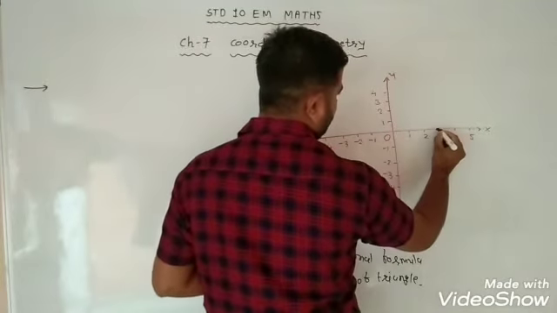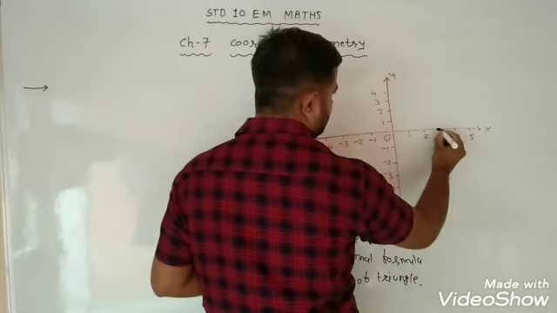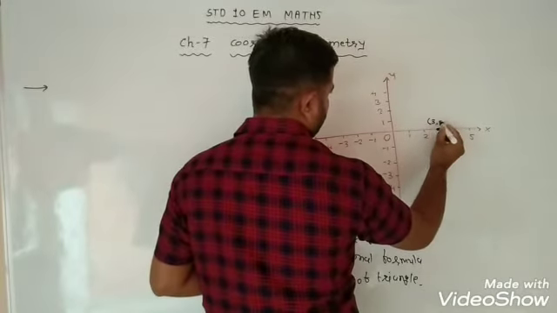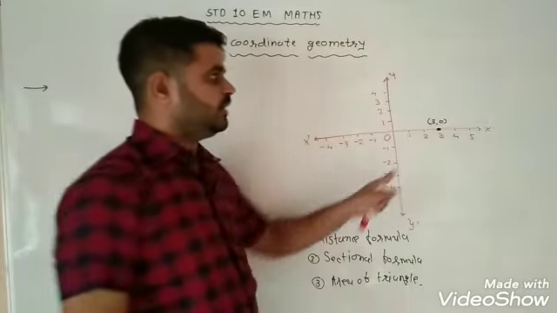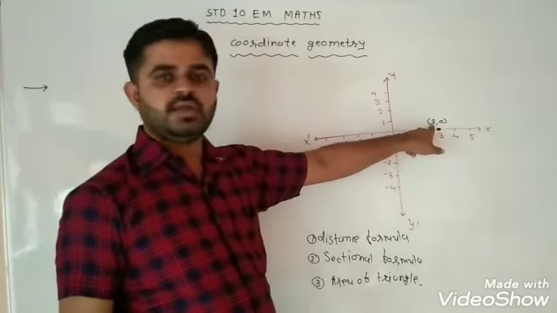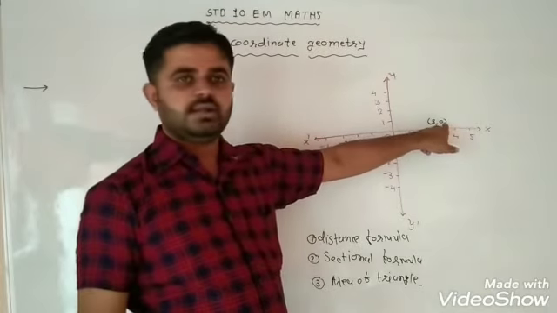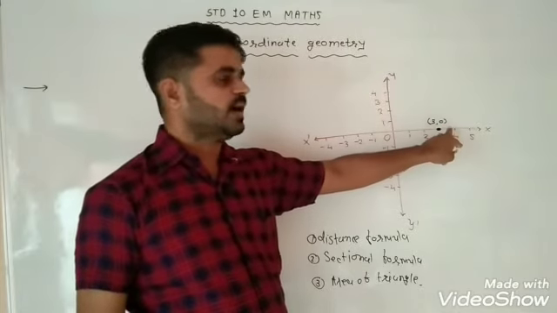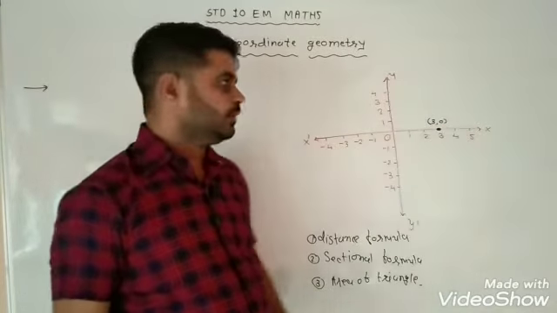Suppose I take this point, then what is the coordinate of this point? 3 and 0. The first coordinate is chosen from the x-axis and the second coordinate is chosen from the y-axis. This point is on the x-axis, so the y coordinate is 0.